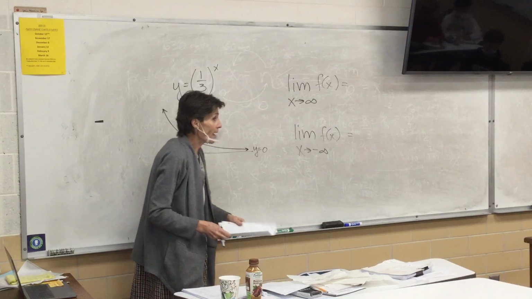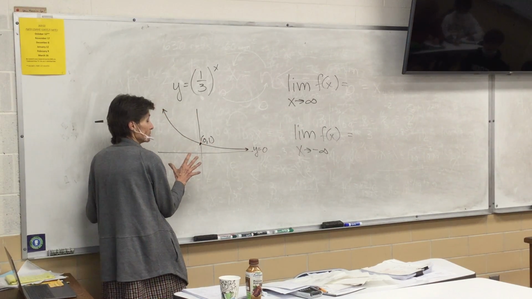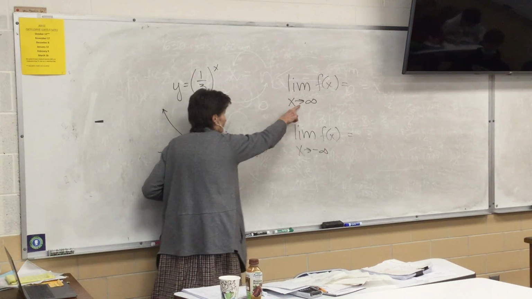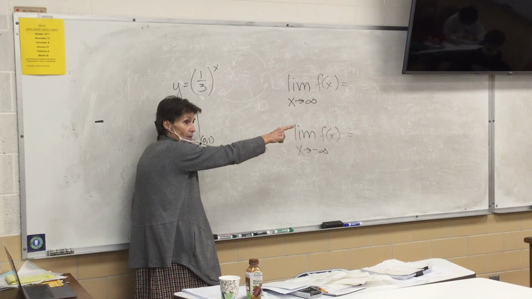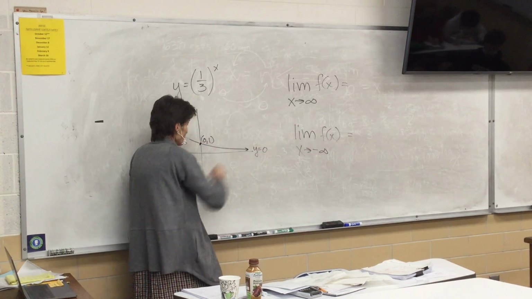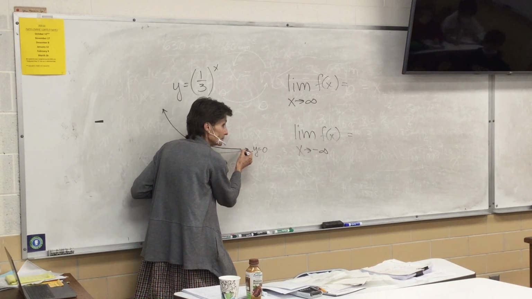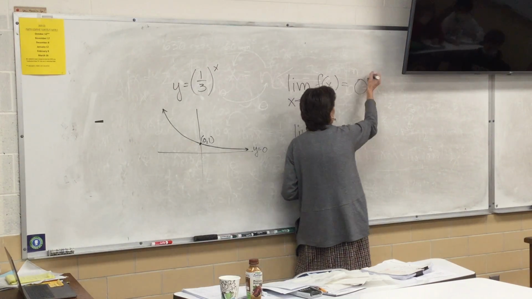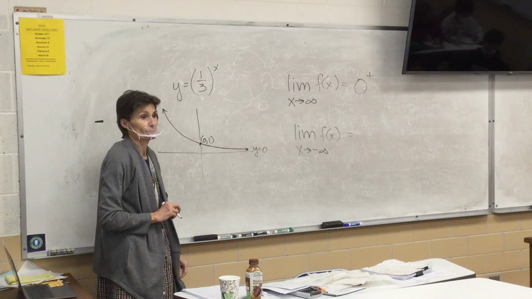Now, all that means is, as I look at my picture, if x is approaching infinity, that means that way, right? So as I go that way on my picture, what is my pencil doing? Getting closer to 0 from the top. Very good. That is exactly what's happening.